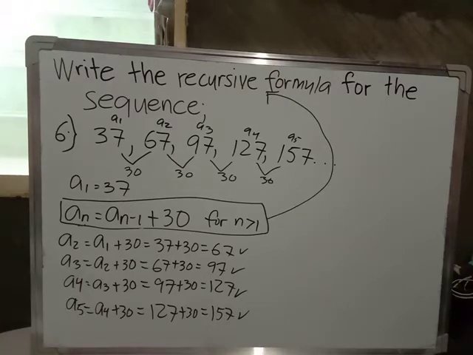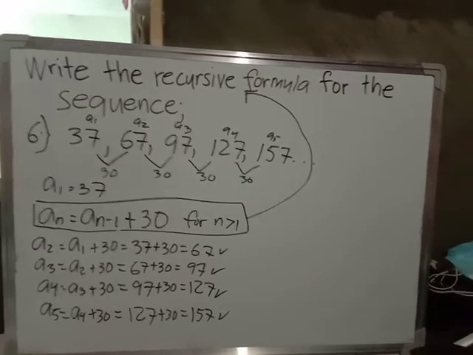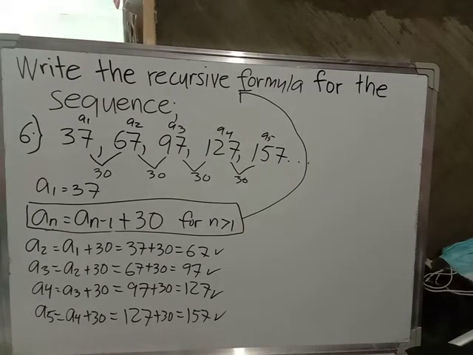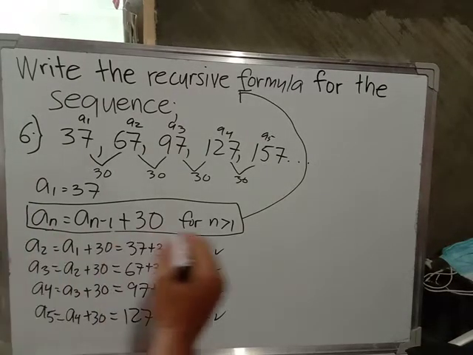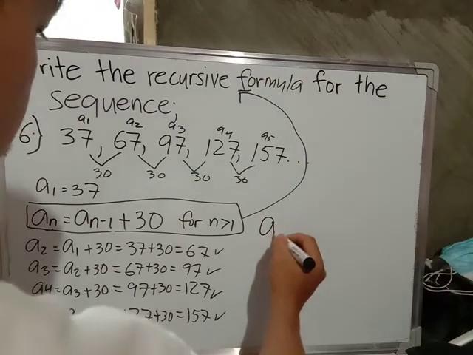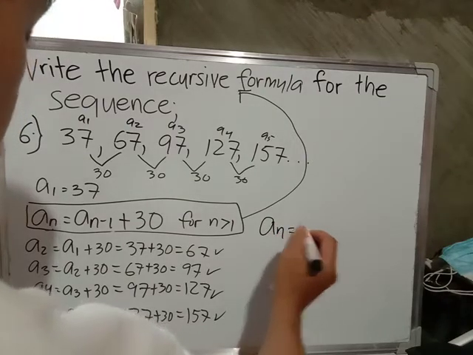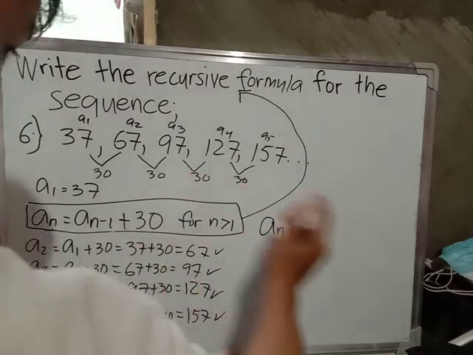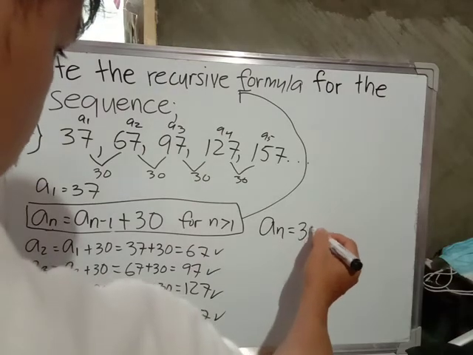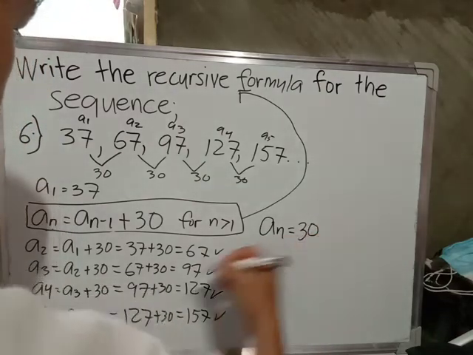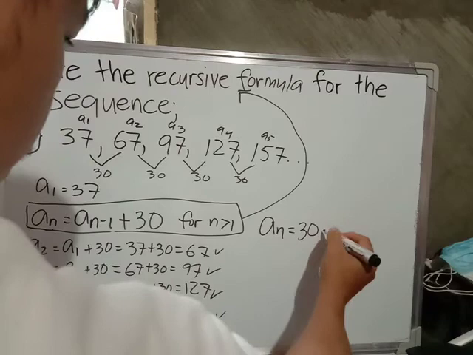So sa example na to, pwede natin mahanapan ng explicit formula, which is En is equal to yung common difference 30 times n.